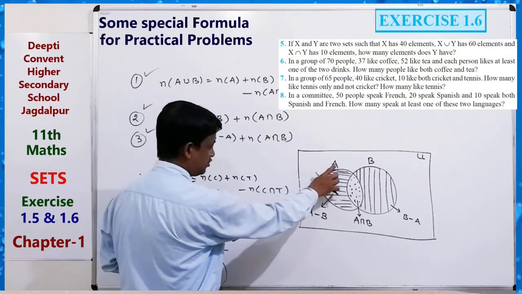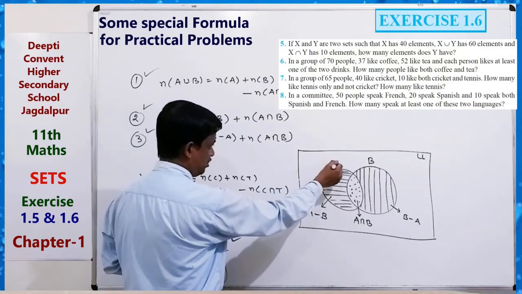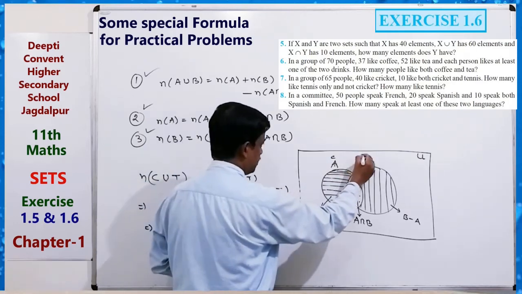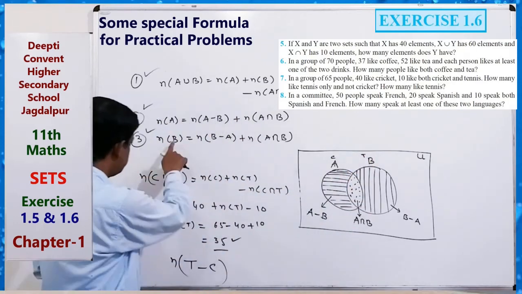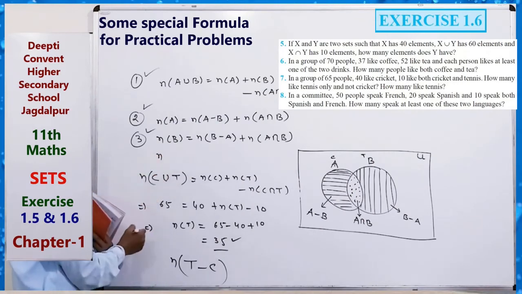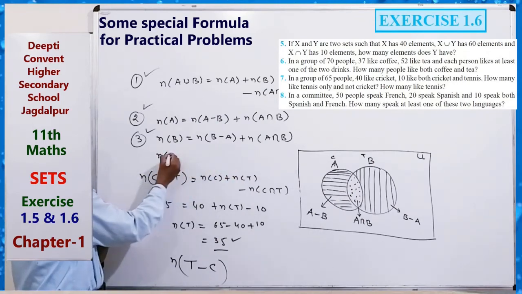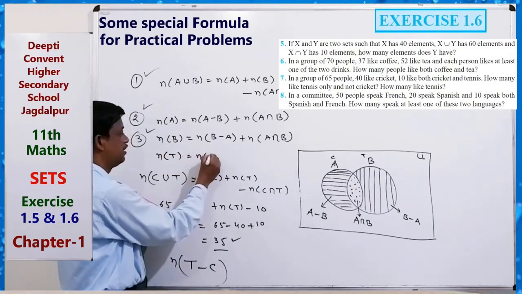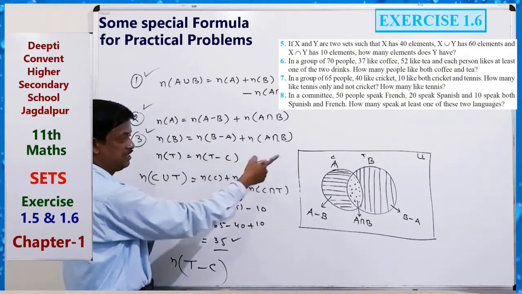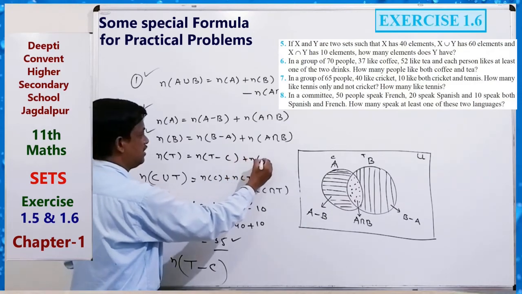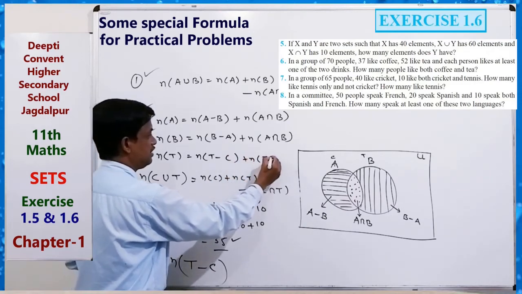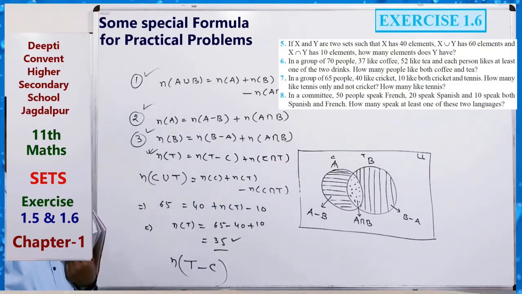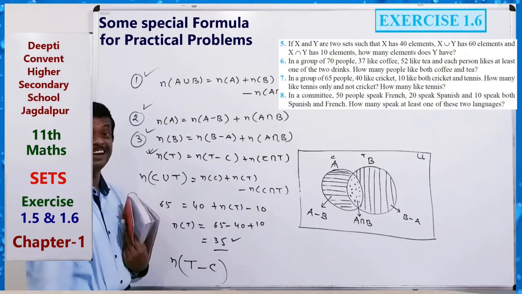Suppose A means C and B means tennis; then N(B), that is T, equals N(T minus C) plus N(C intersection T).